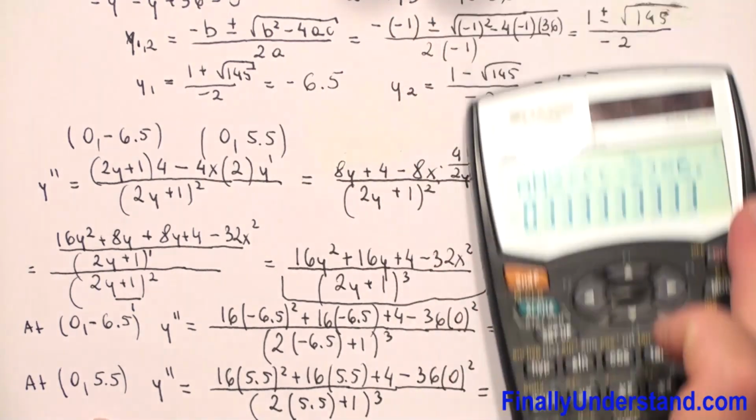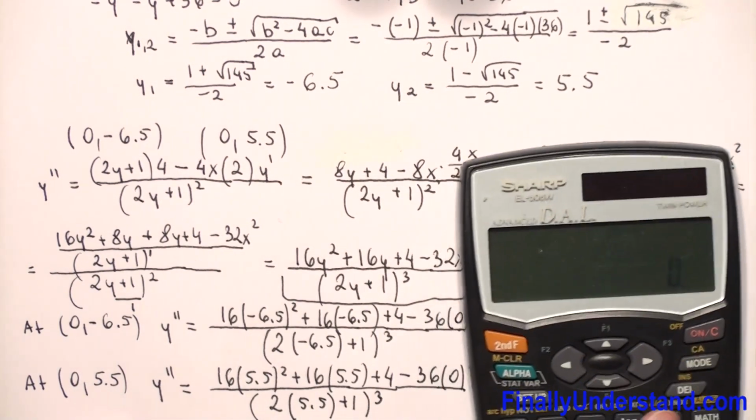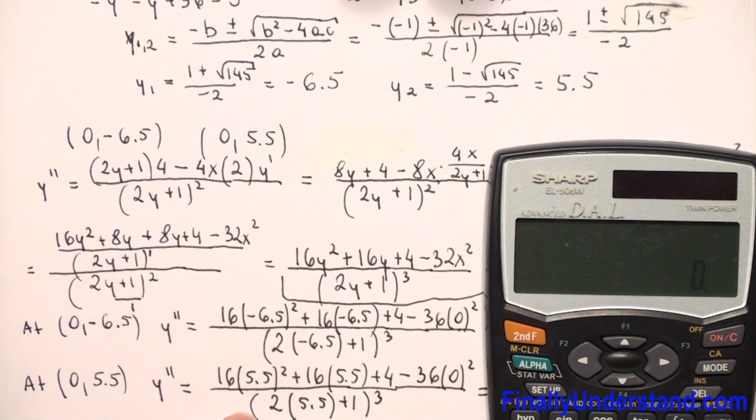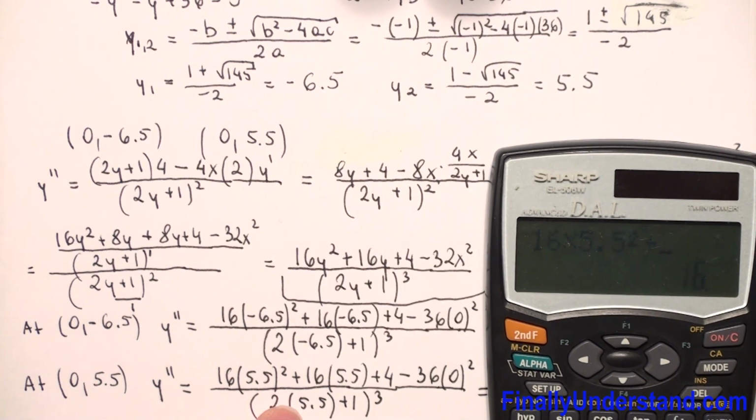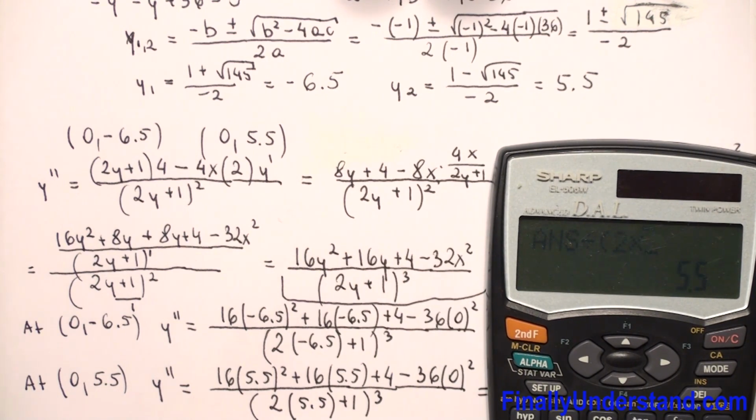Again, we will use a calculator. 32 times 0 will be 0. Divide by, open parenthesis, 2 times 5.5 plus 1, everything to the third power.